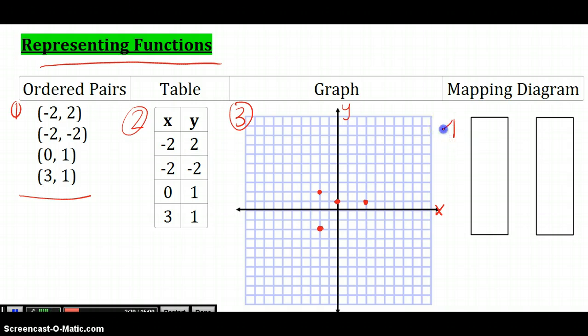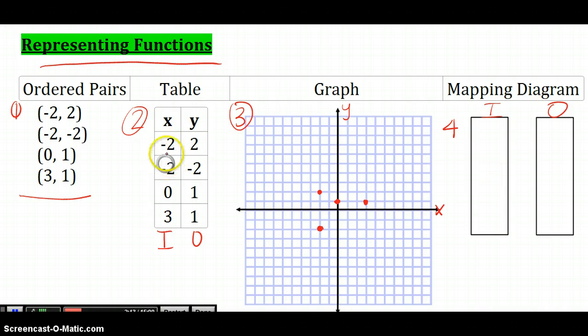The fourth way is a mapping diagram. Here we have 2 columns. The left one is our input values, and the right one is our output values, or in this case, x and y. X is your input values and y is your output values. In a mapping diagram, we list our x values in the input column.